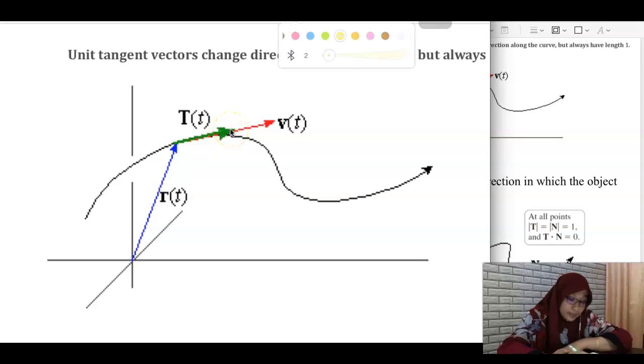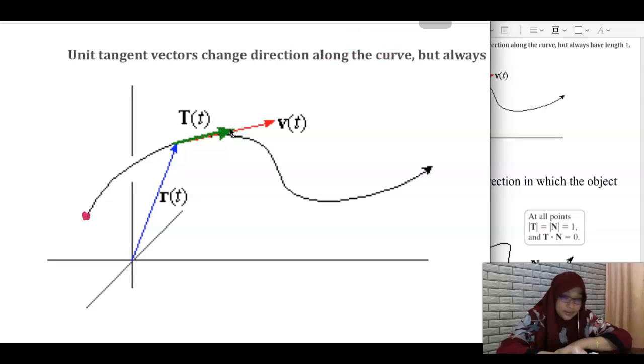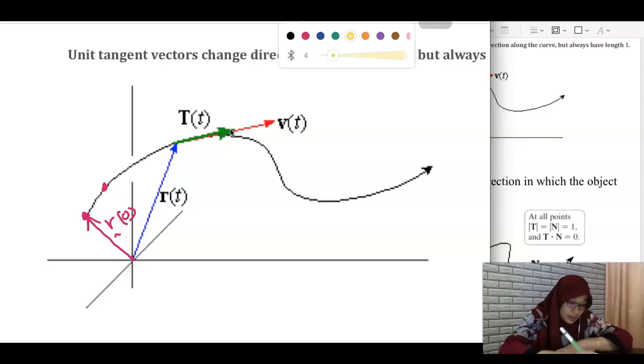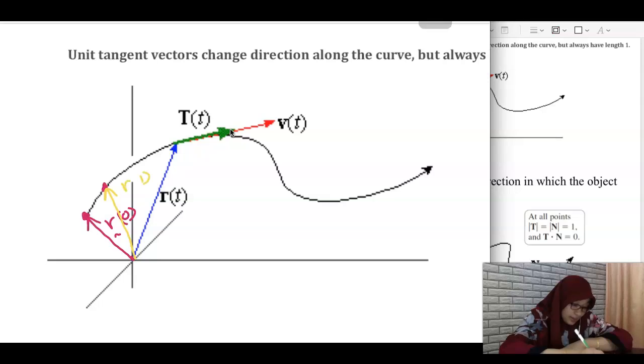Let's say this is your initial point. This is the position vector of r at t, maybe t equal to 0. That is your first point. After that, you plug in a specific t, so the next position vector is r at t maybe equal to 1, and so on.